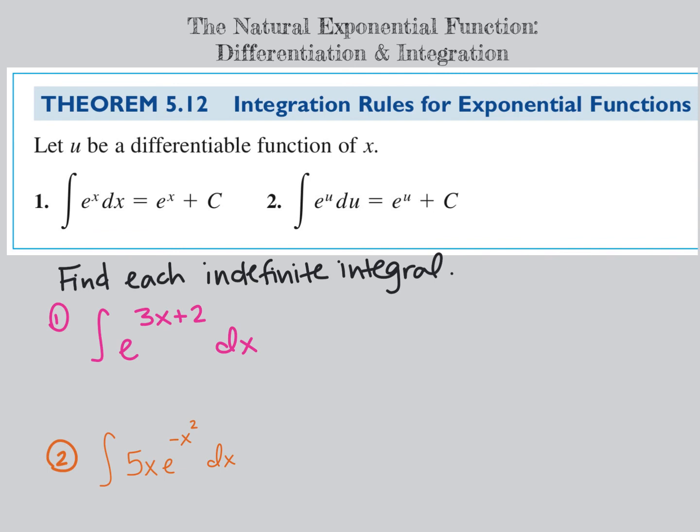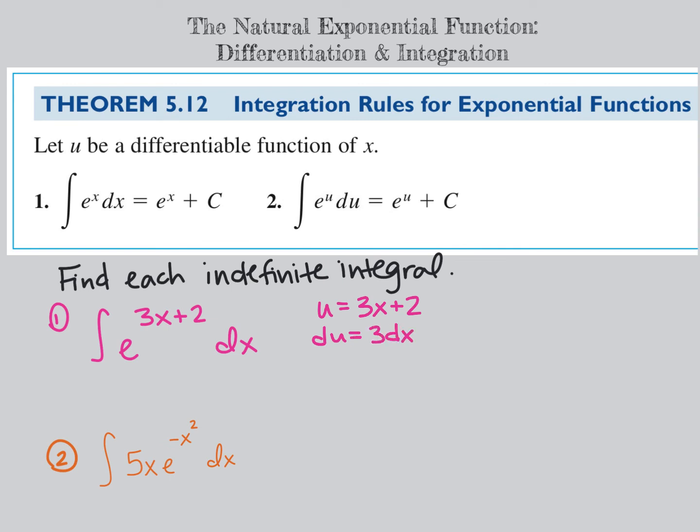We want to find each indefinite integral. Well, in number 1, we have the integral of e to the 3x plus 2 dx. While here you don't technically need to use a u substitution, I still am going to use one. I think it's probably the simplest way to do it. So I'm going to let u equal our exponent, 3x plus 2, and then therefore du would just be 3 dx.